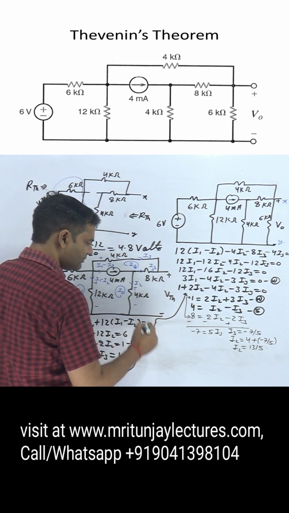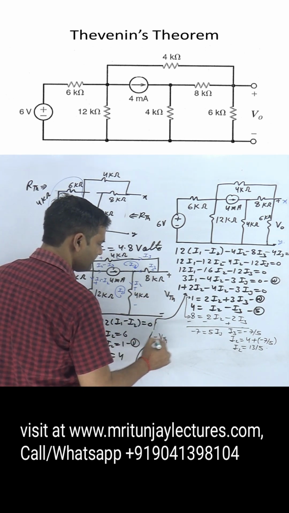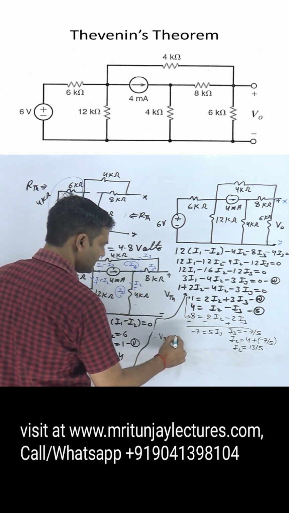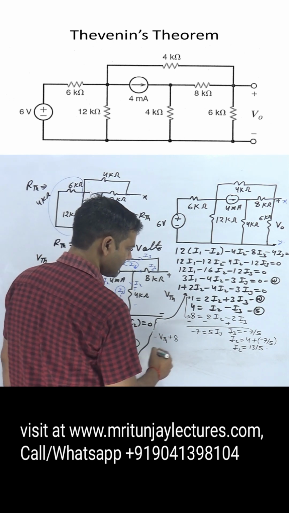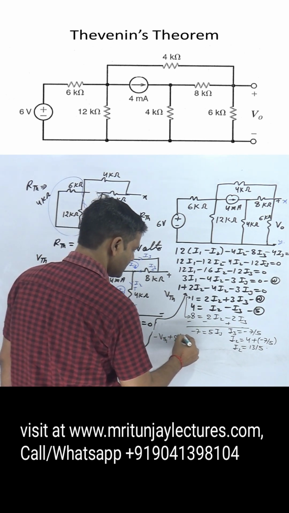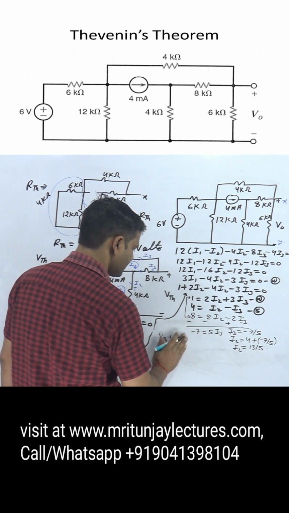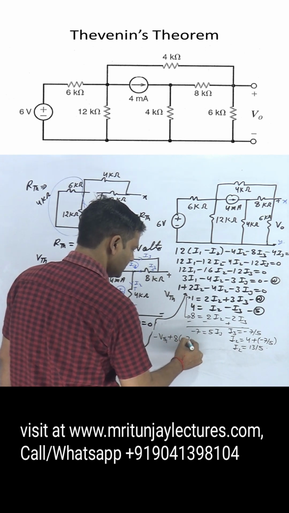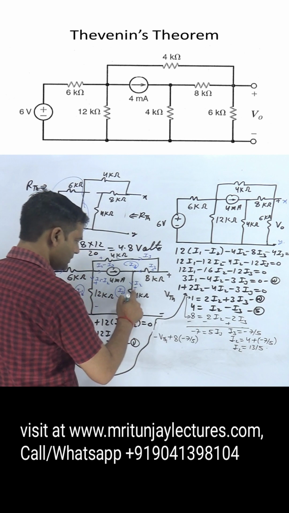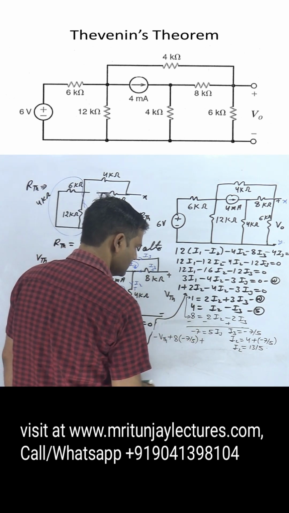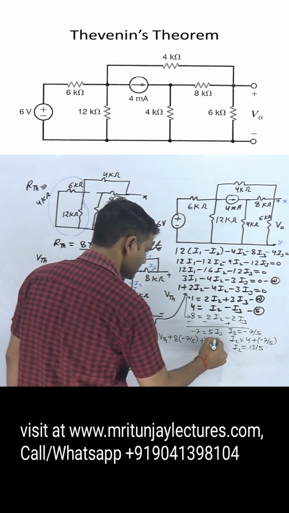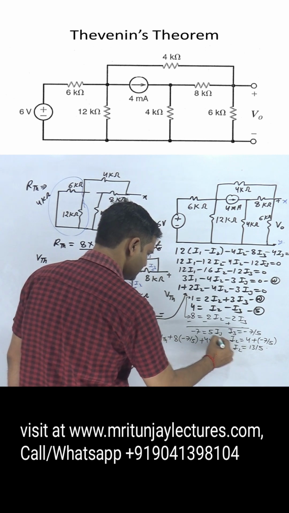Apply KVL in this loop. Minus VTH plus 8 I3, minus 7 by 5, and plus 4 into 13 by 5, this will be equal to 0.